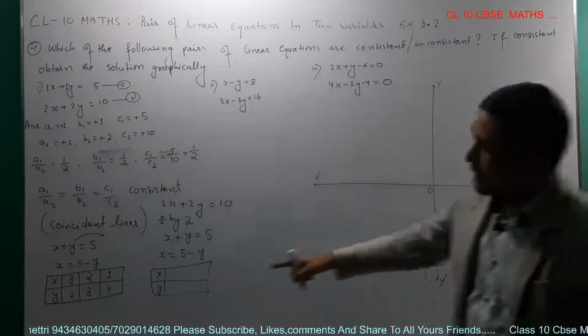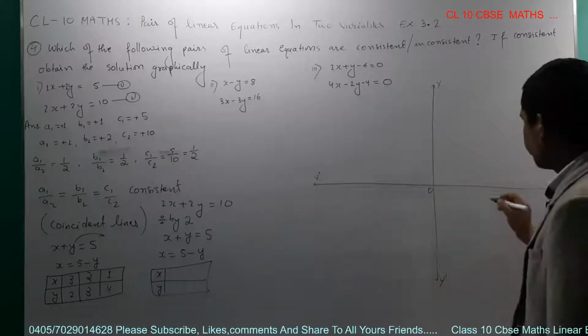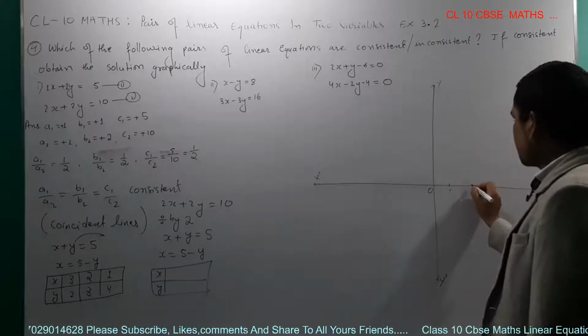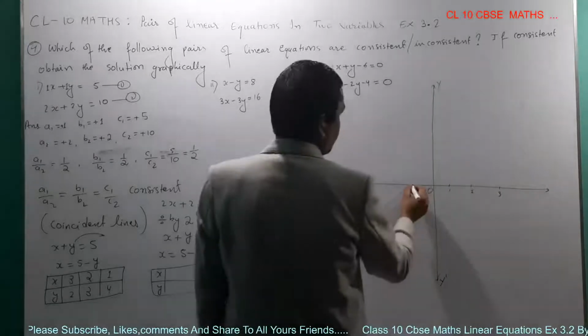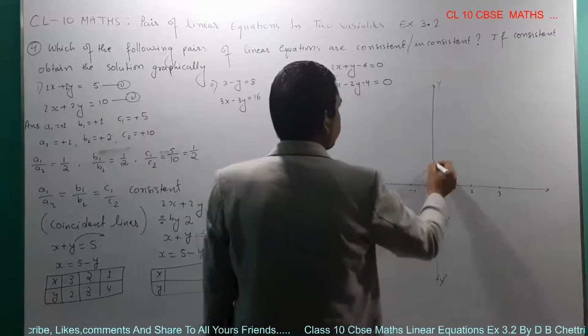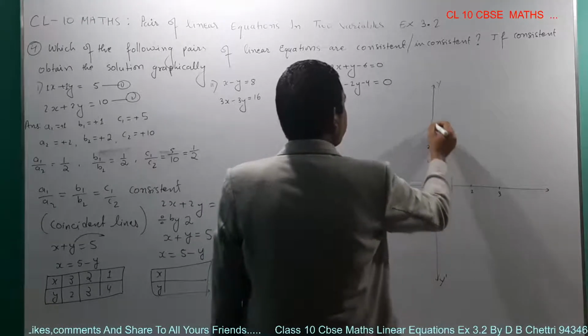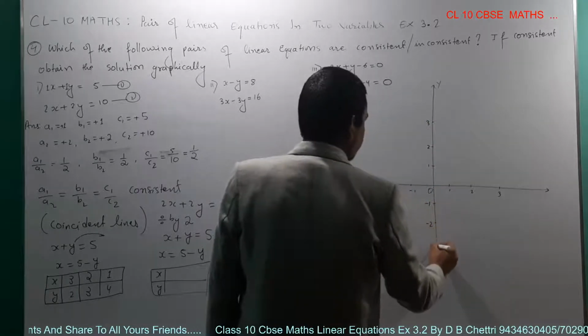Then we are going to mark up to 3 or 4 because the highest number is 3. Then 1, 2, 3, minus 1, minus 2, minus 3, 1, 2, 3, minus 1, minus 2, minus 3.